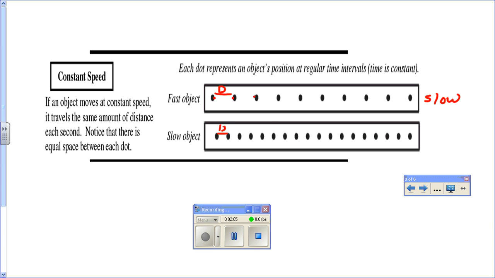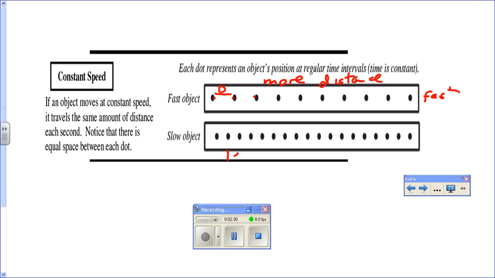So if you cover, so am I getting that right? No. This is, and that's how this thing goes. This is why it's always backwards. It's always fun. This is fast because you cover more distance between each dot.